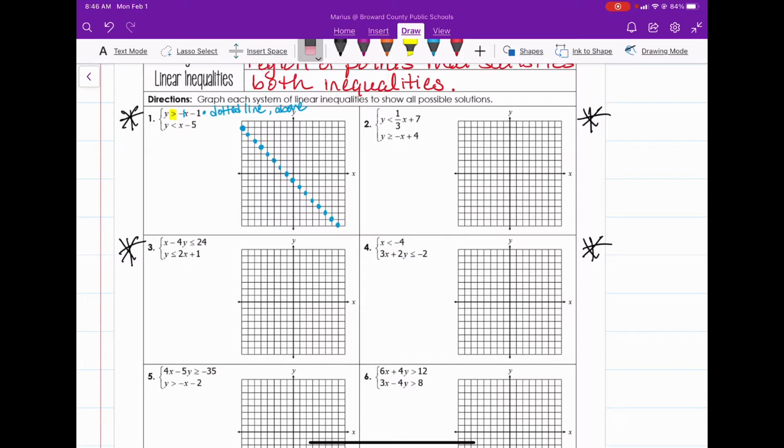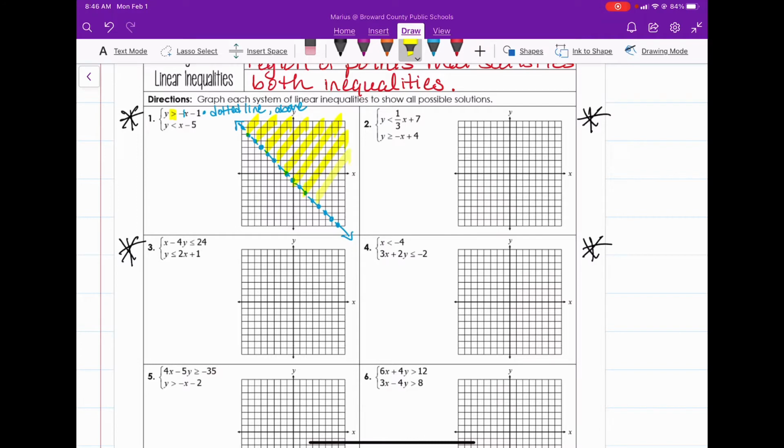Oops, I erased some of the dots. Apologize about that. Excuse me, not a solid line, but a dotted line, like such. Okay, there's my dotted line, and we're going to need to shade above the line.